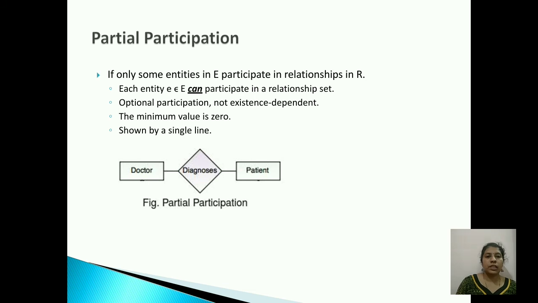So here the doctor and patient entity types are partially participating in the relationship type diagnosis. As I said, employee manages department. Are all the employees managers? No, so from the employee side it is partial. But if I take department, each department must have a manager, then it will be called total participation. I'll explain total participation in the coming slide.